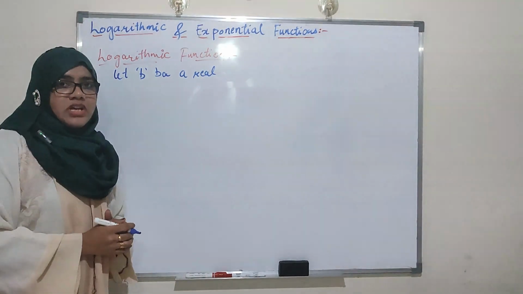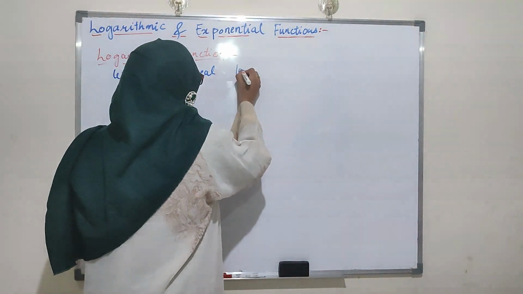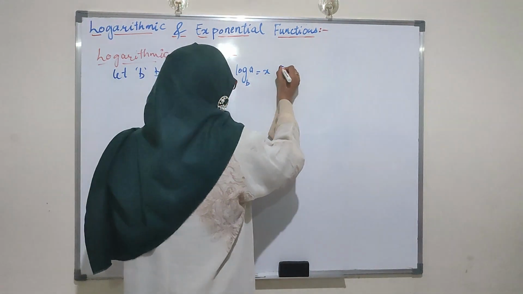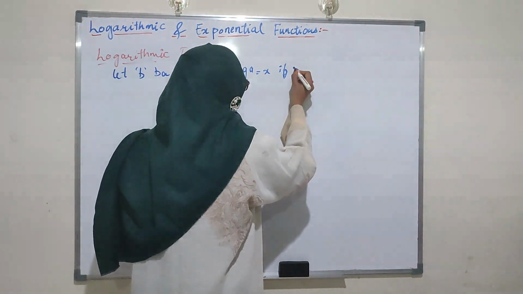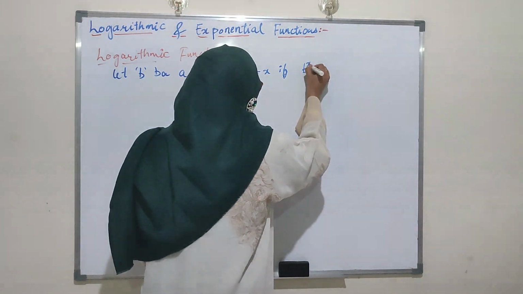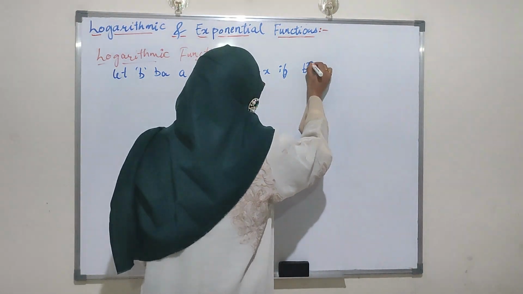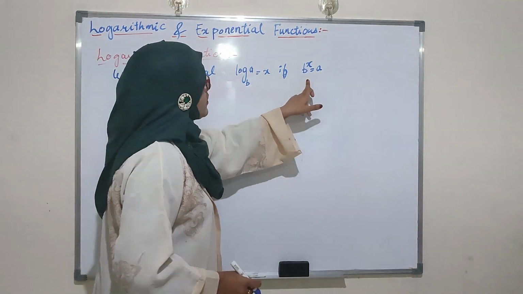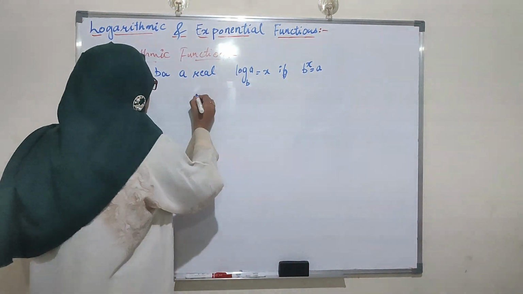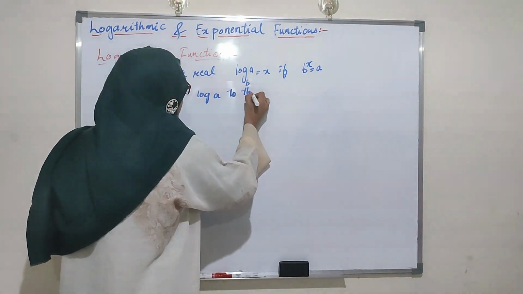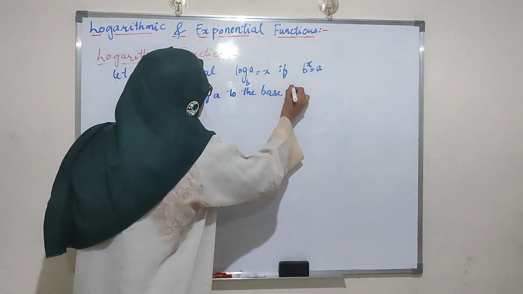Then we can write the logarithm as log of a to the base b is equal to x if b raised to x is equal to a. Here b is the base and b is greater than 1. We can read this as log of a to the base b.